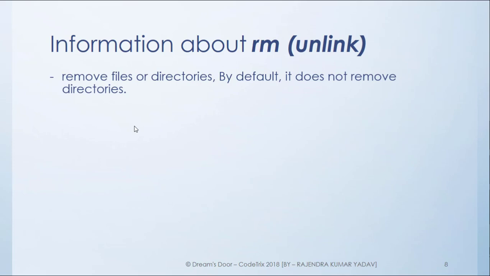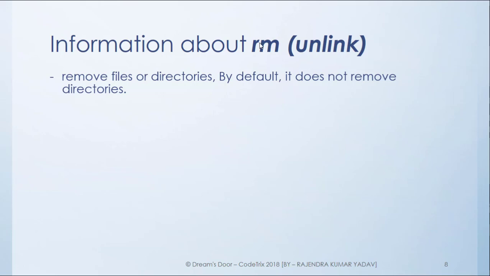that is rm. rm is used to remove a file or folder actually, but by default rm is used to remove files, and rmdir is used to remove a directory. Okay, so rm is used to remove a file, please keep it in mind, and rmdir is used to remove a directory.